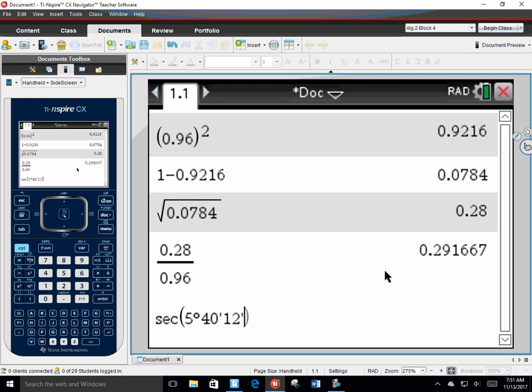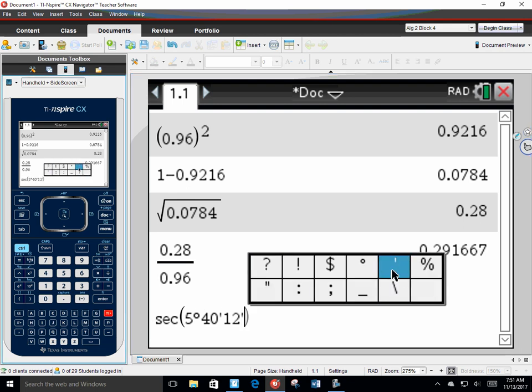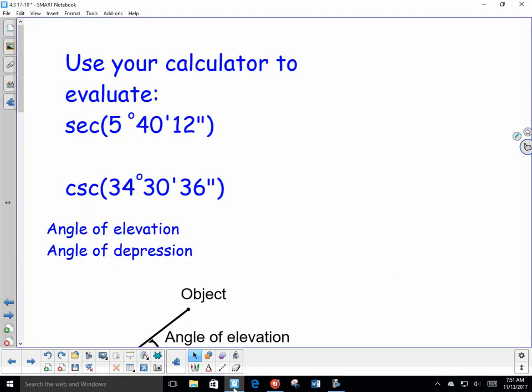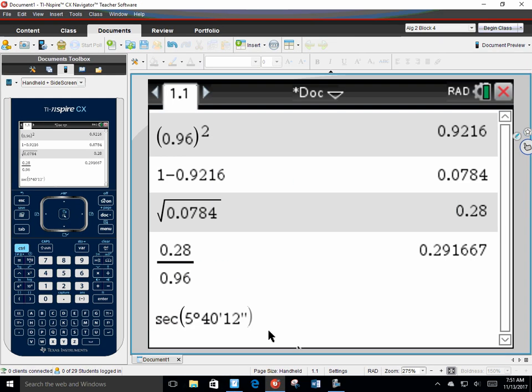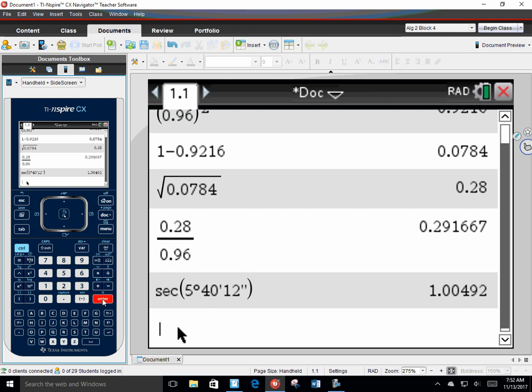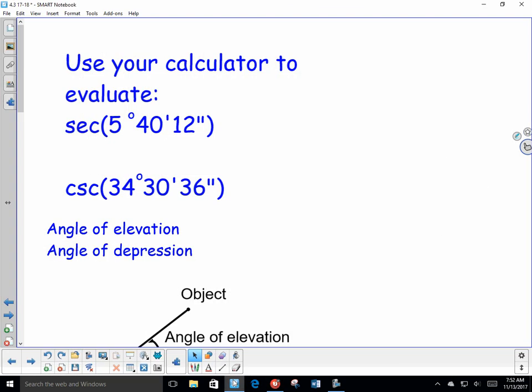So remember, I got to do that minute button twice. Is that correct? 5, 40, 12, secant, yep. And so when I do that, I end up getting 1.00492 for my answer for that one.